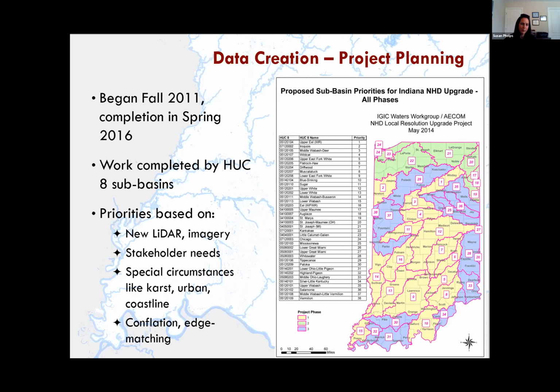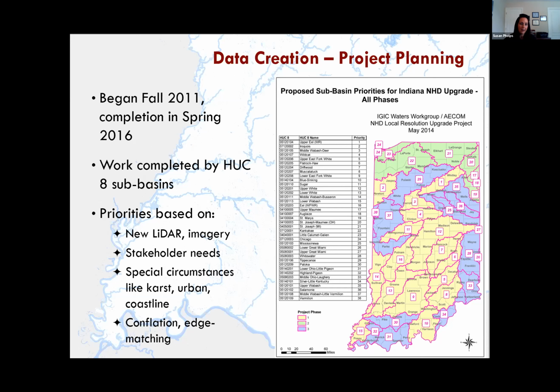But we also did base the priorities somewhat on the stakeholder needs, and we had some more challenging areas like karst to deal with, and then of course the Lake Michigan coastline and some of the larger urban areas like Indianapolis. So some of those came along a little bit further along in the project.